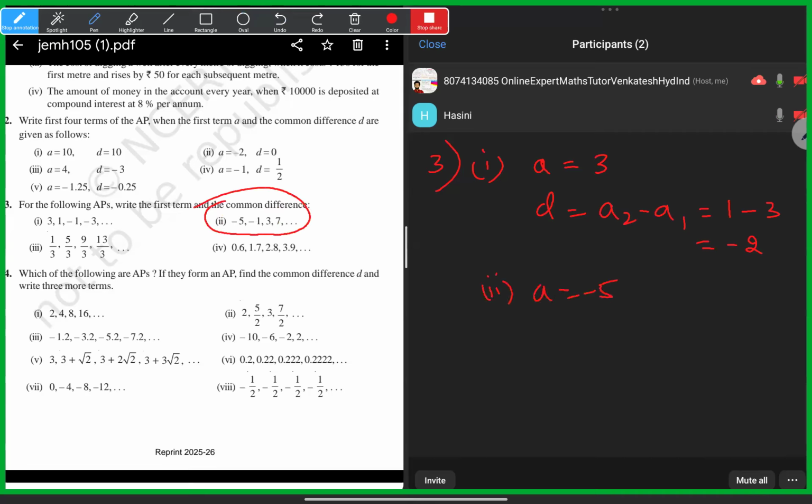D is nothing but A2 minus A1. A2 is how much? Minus 1. And in the formula we have minus, and A1 is also minus.